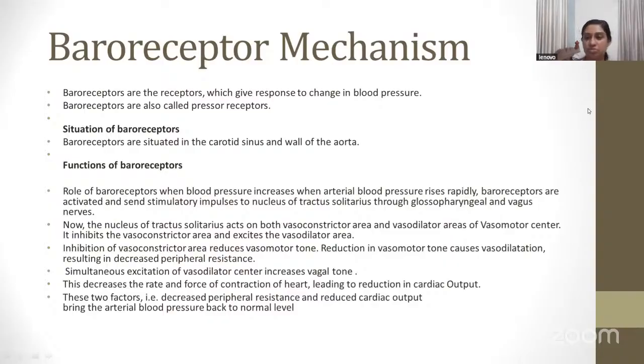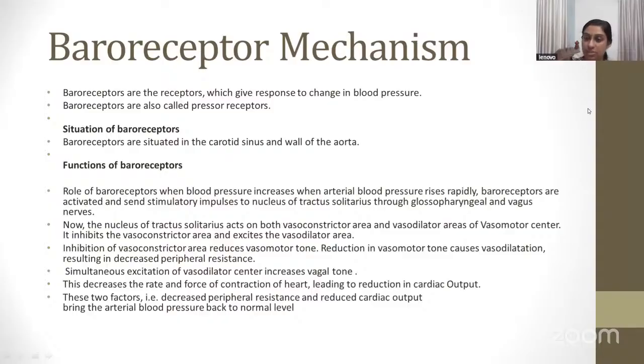So what is the function of baroreceptors? When BP is increased, the pressure is sensed by the baroreceptors and they send impulses through the vagus nerve as well as the glossopharyngeal nerve. It acts on the vasomotor center, where it particularly inhibits the vasoconstrictor center and stimulates the vasodilator zone. So, when the vasoconstrictor area is suppressed, total peripheral resistance will be reduced.